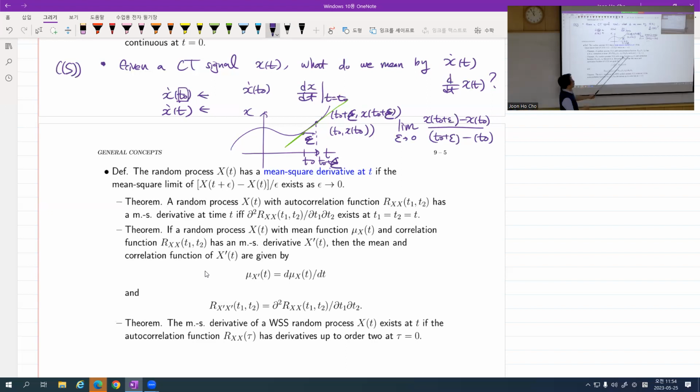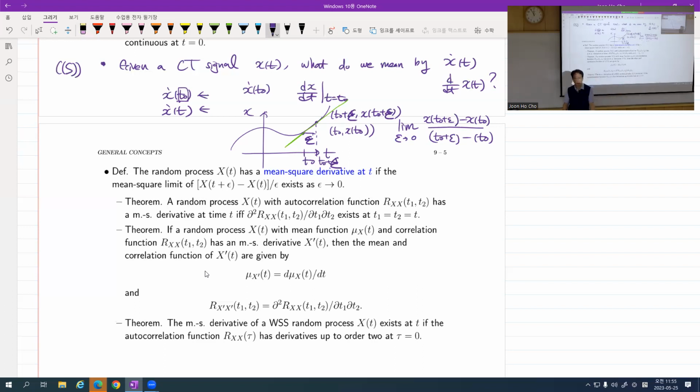So again, this can be viewed as a function of t, and of course it's a function of epsilon, and you consider the limit of this function of epsilon when epsilon tends to 0.